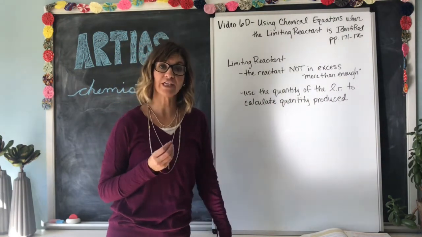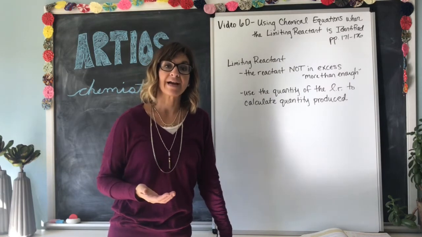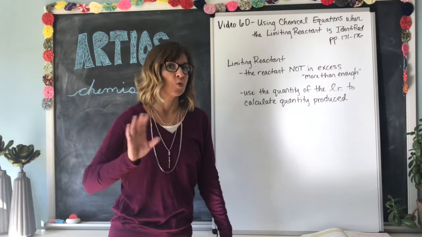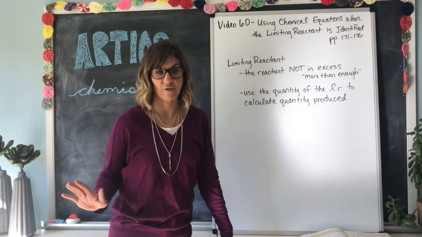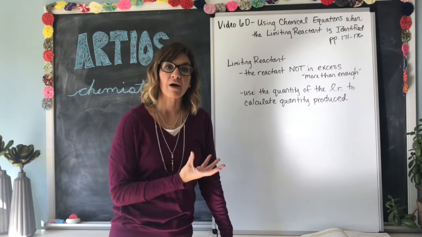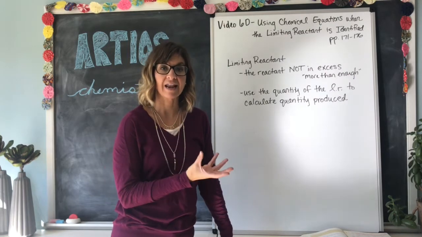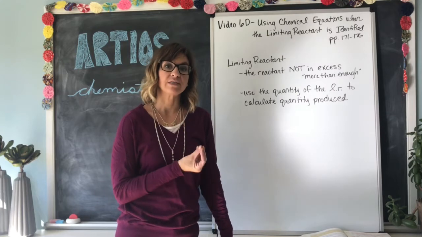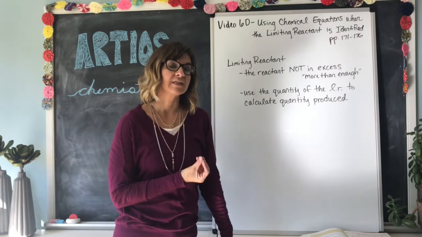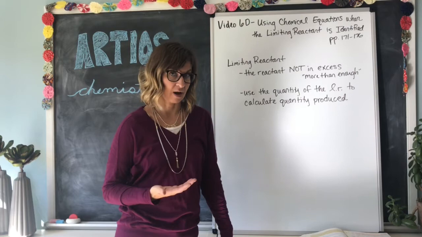In a chemical equation, if there is one reactant that is in excess, we're not going to worry about how much of that we have because we know that we have more than enough of that one. We're going to use the amount of the limiting reactant. That is going to determine how much product can be produced. So we use the quantity of the limiting reactant in our problems.